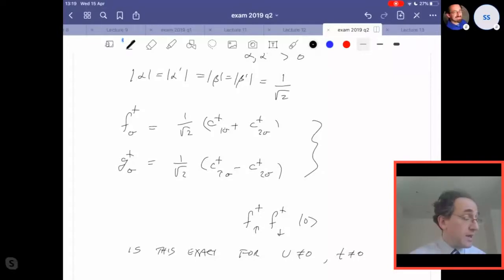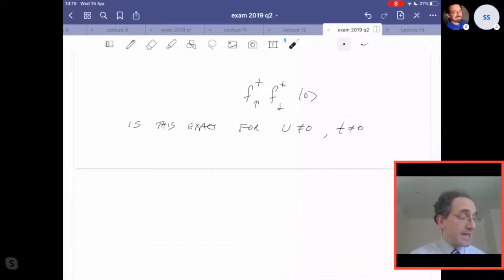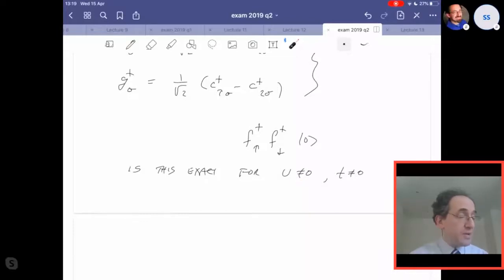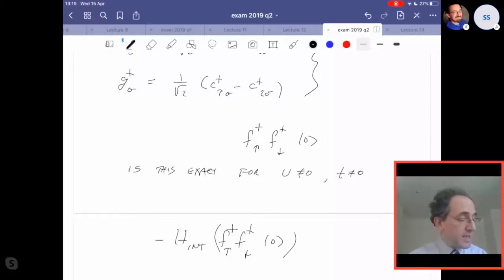The answer is no. This state is an eigenstate of the hopping term only, and the ground state will be exact if it's also an eigenstate of U. So what we have to do is check F dagger up, F dagger down on 0, apply the U operator, H int, and see: does it give me back exactly the same F dagger up, F dagger down on 0?